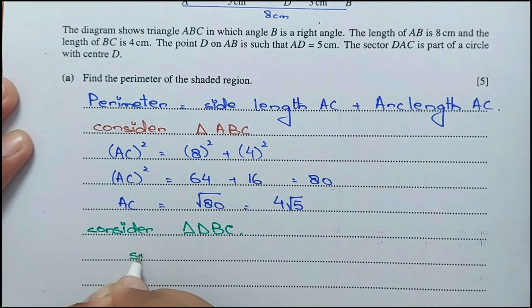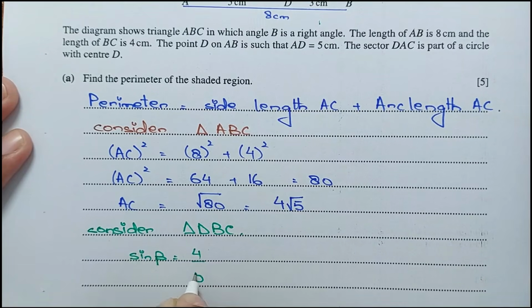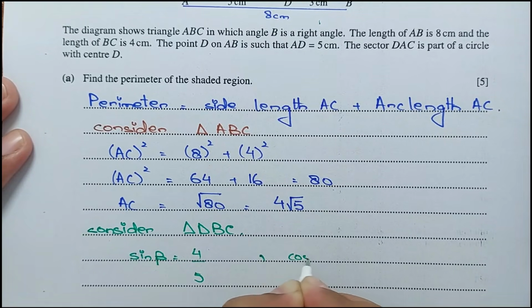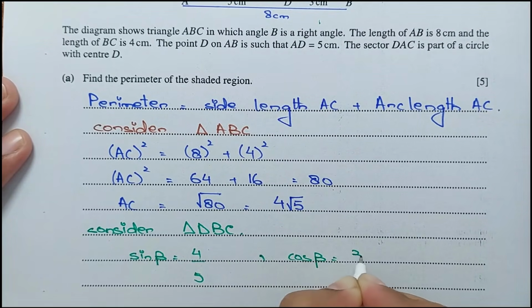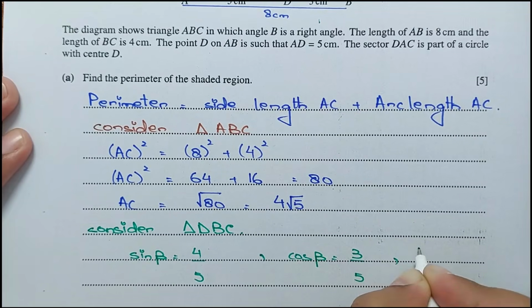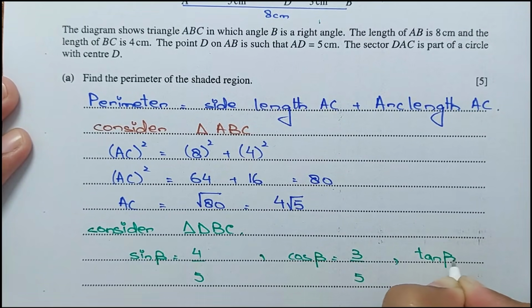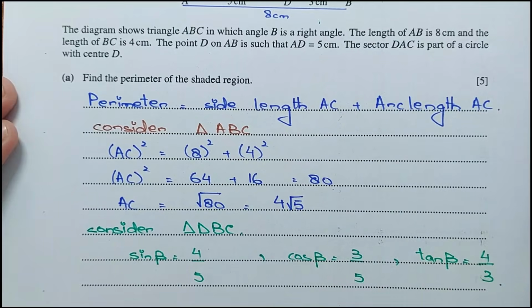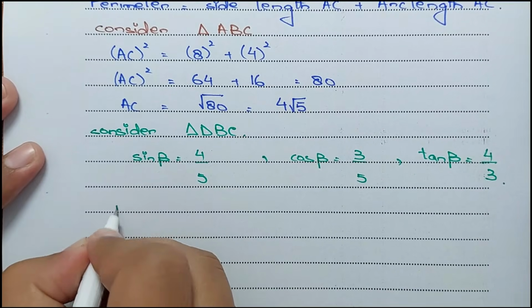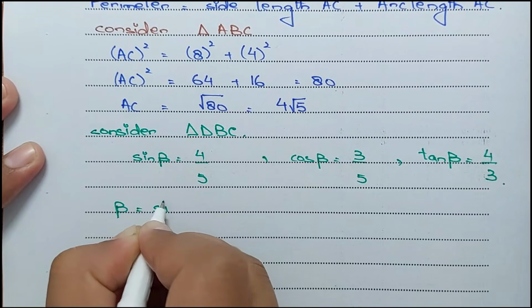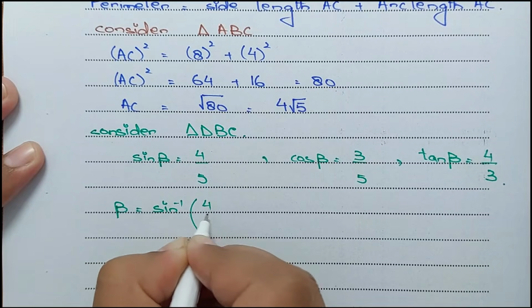You can use sine beta, the opposite is 4, the hypotenuse is 5, or cos beta is adjacent over hypotenuse, or tan beta is opposite over adjacent. You will get the same answers from all these three. So let me solve for beta, which is sine inverse of 4 over 5.